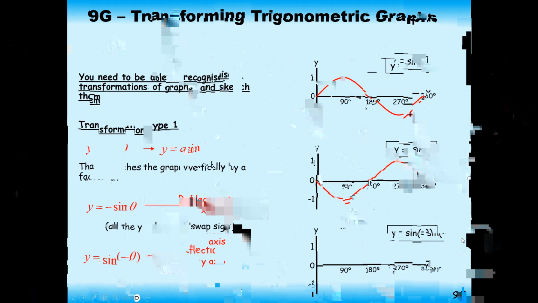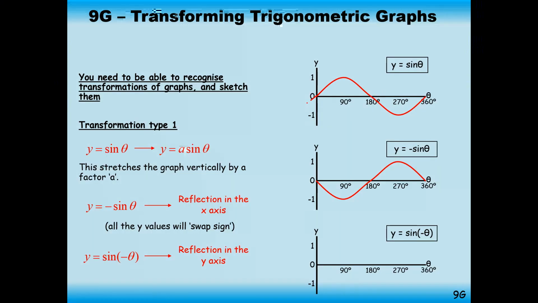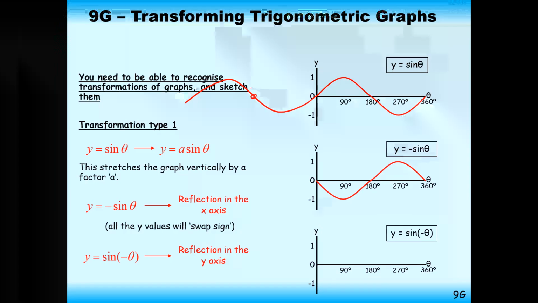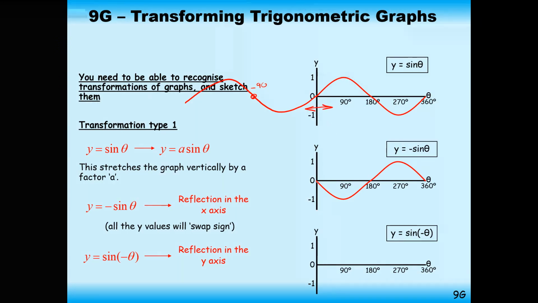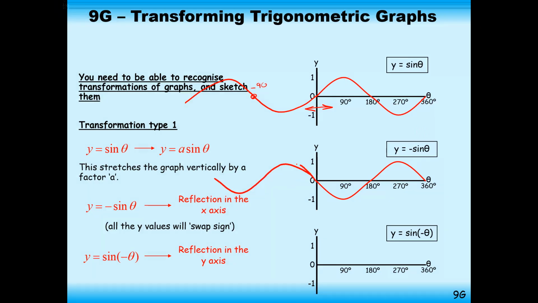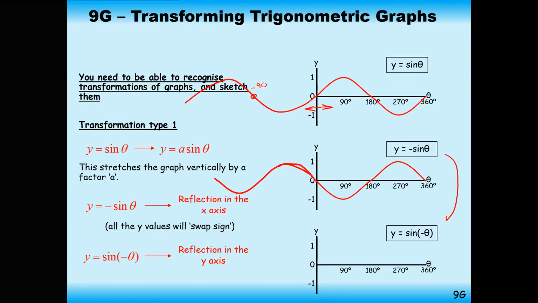Because the x values of the curve were like so, here was at minus 90. If I flip this graph left to right, what you notice is that it will look like this graph. So these two graphs are exactly the same.